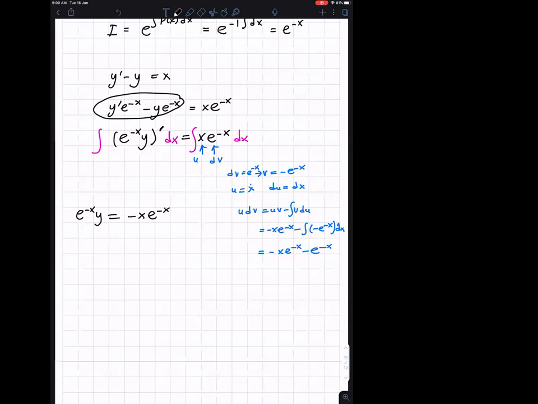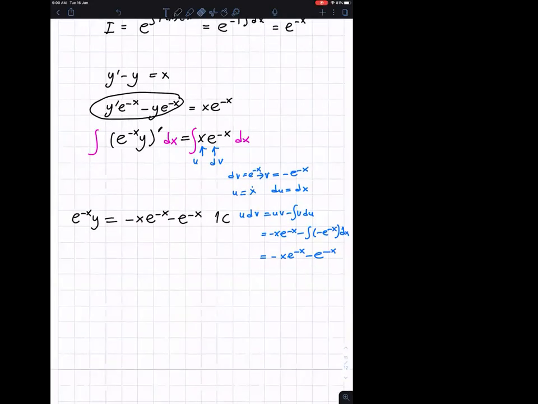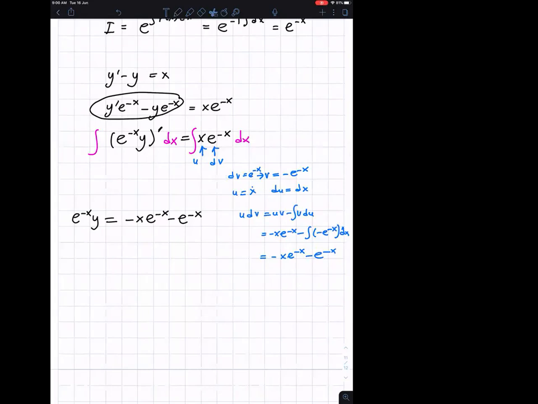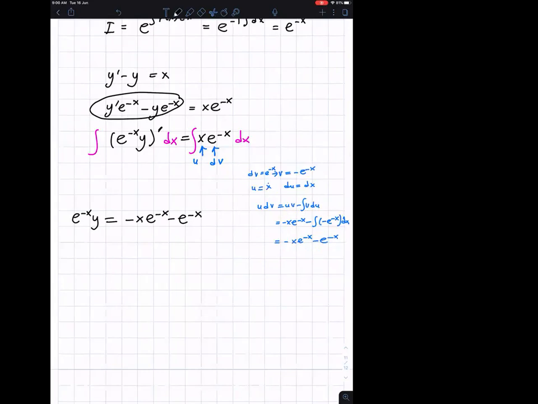So after integration on both sides, you get minus x e to the minus x minus e to the minus x plus c on this side, because this is an indefinite integral. Indefinite integral means integral that doesn't have upper and lower limits. So therefore, you must have a constant.